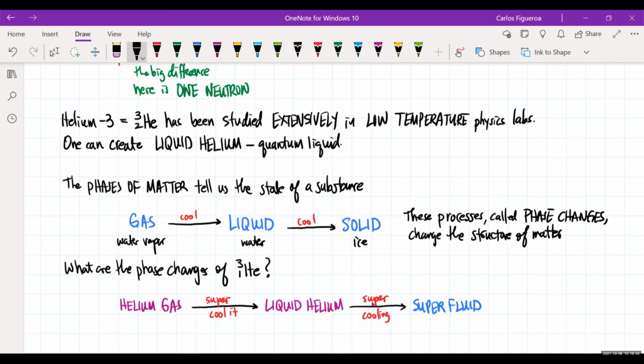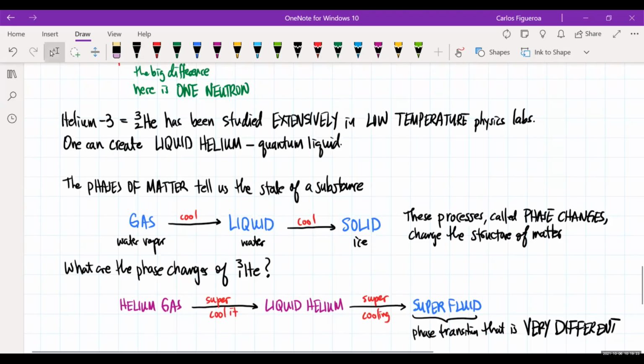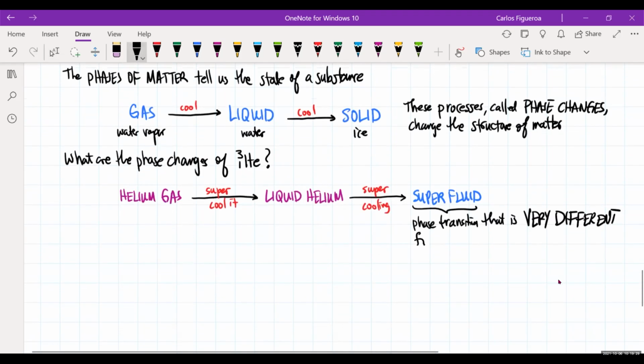So we have to be careful here with my language. Remember, this is a phase transition that is very different from a regular liquid.